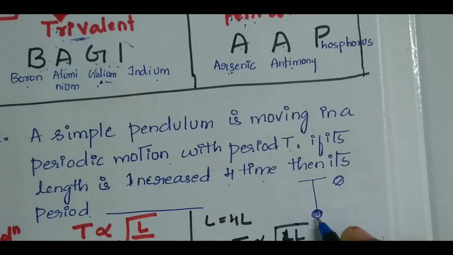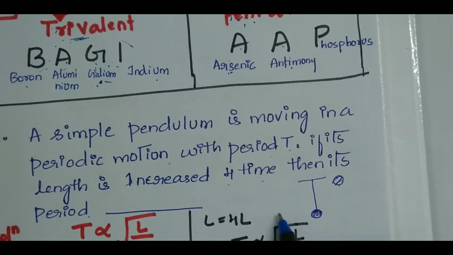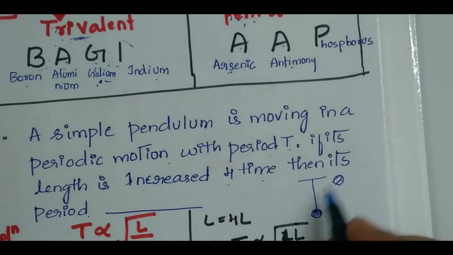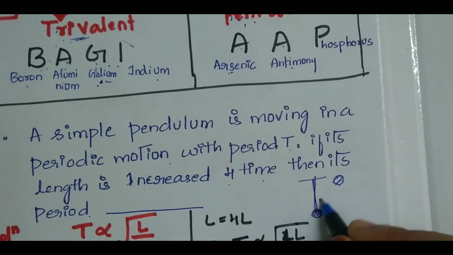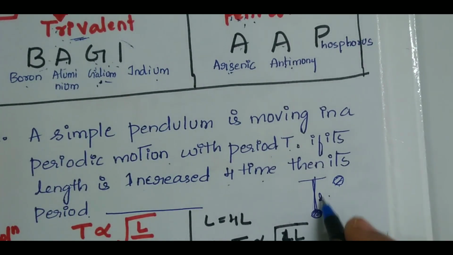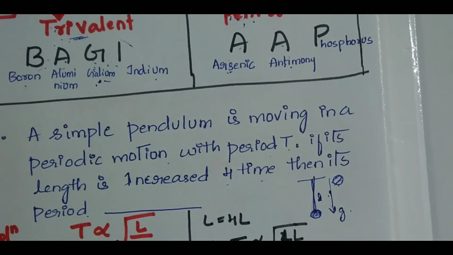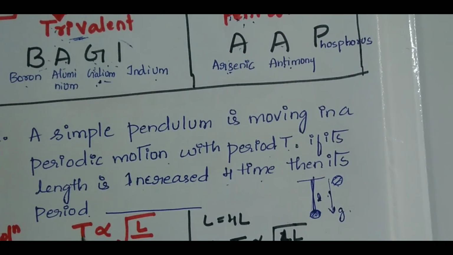Now this pendulum is under periodic motion, that is simple harmonic motion. This is the length of the string, and since it is acting against gravity, there will be acceleration due to gravity g. As we know, the relationship between time period and L and g is that the time period is proportional to the length of the simple pendulum and acceleration due to gravity g.